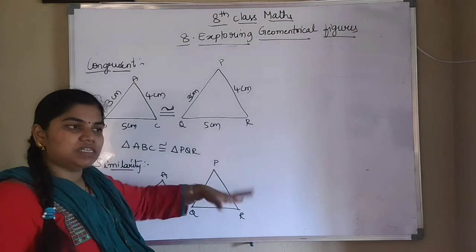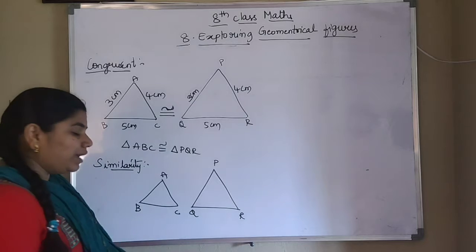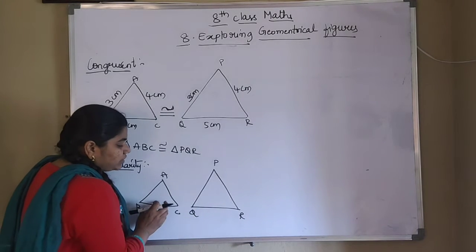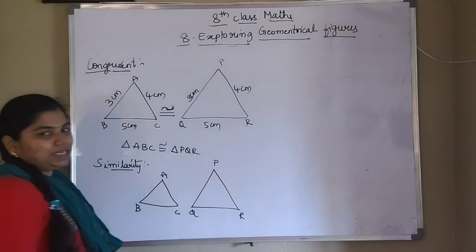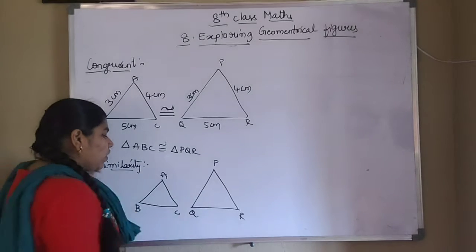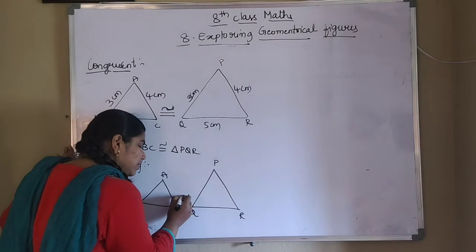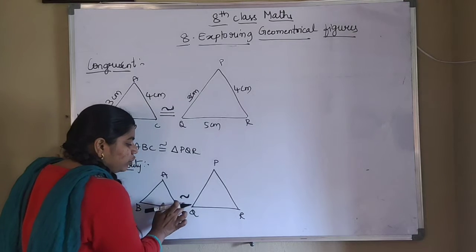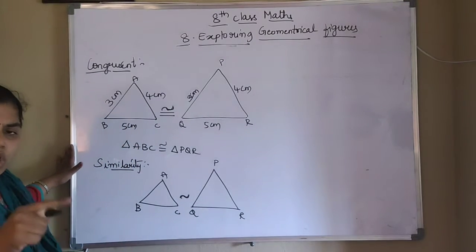Both have 3 sides and the shape is the same, but the size is different. Here it is a small size and this is a big size. We call these types of figures similar figures. Similarity is denoted with this symbol, a small curve.